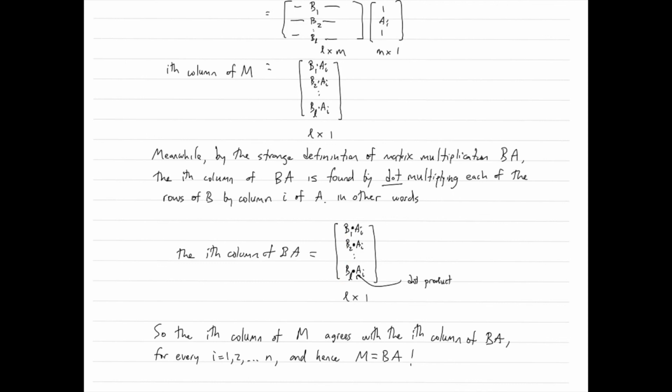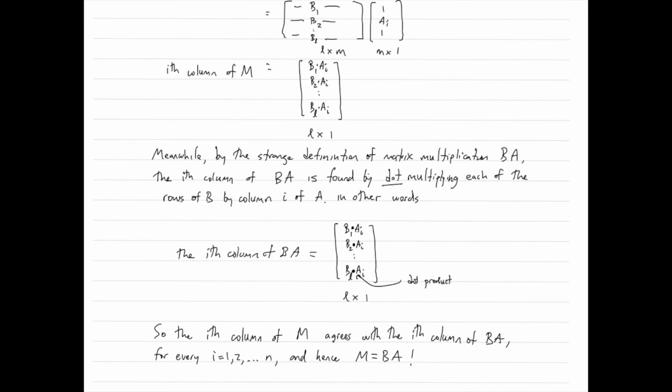And so what we see is that the ith column of M, which is way up here, is equal to the ith column of BA, since if you stare carefully at the indices, they're all equal to each other.